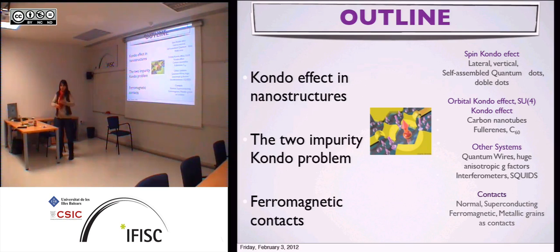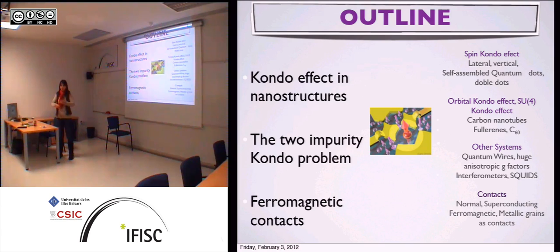And this can be proved to be a measurement of the density of states of the dot, which means that you can mimic the density of states of this level by measuring the dI/dV.